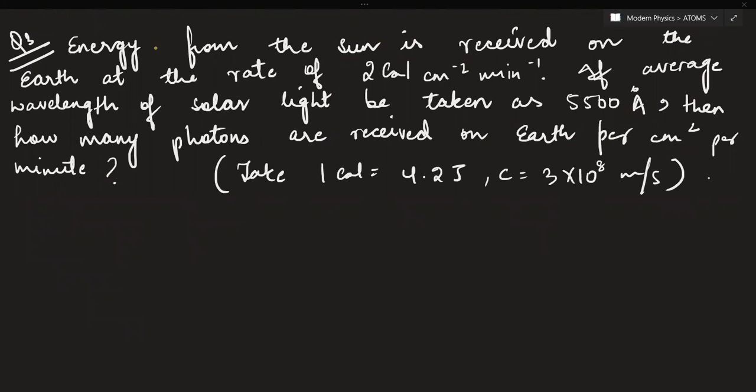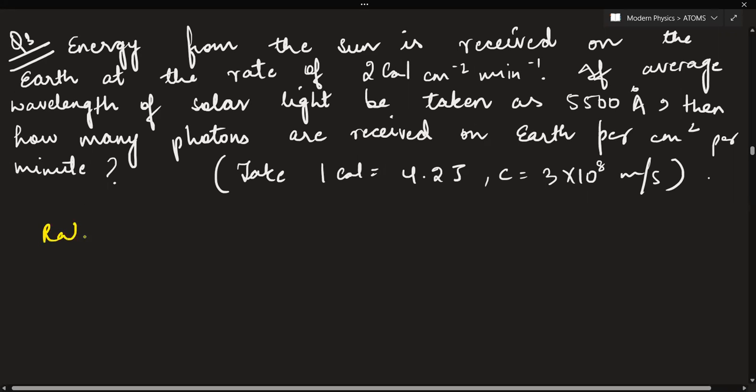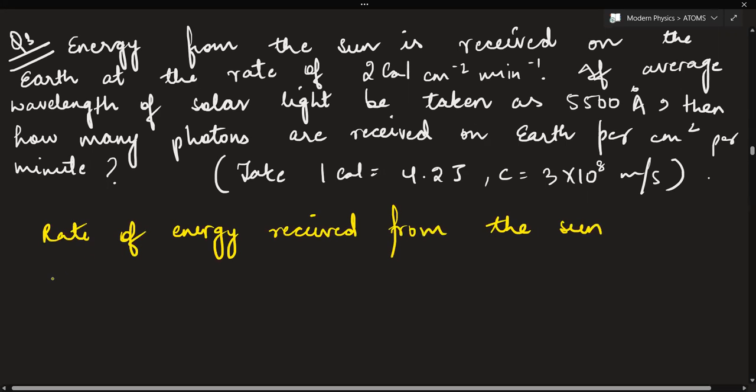See, the question says that energy from the sun is received on earth at the rate of 2 calorie per centimeter square per minute. So rate of energy received from the sun is equal to 2 calorie per centimeter square per minute.